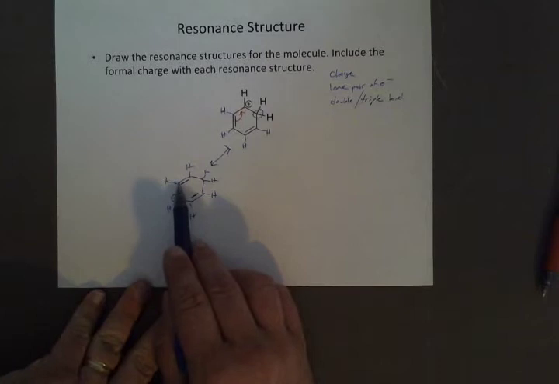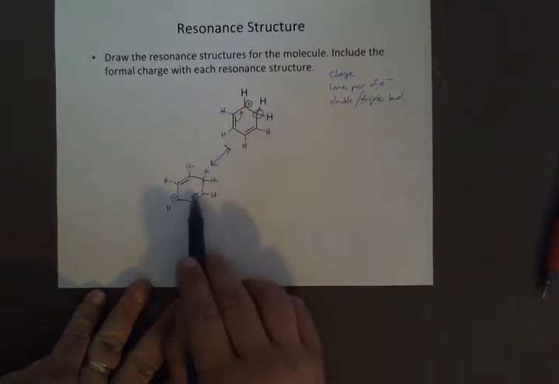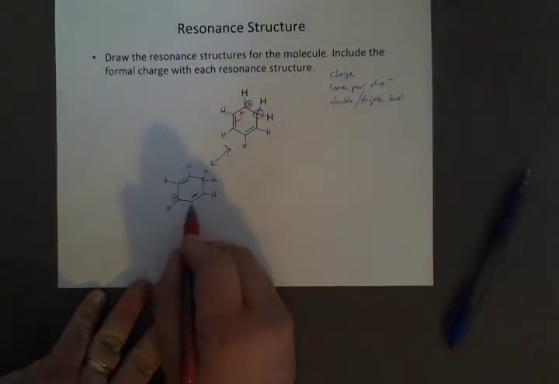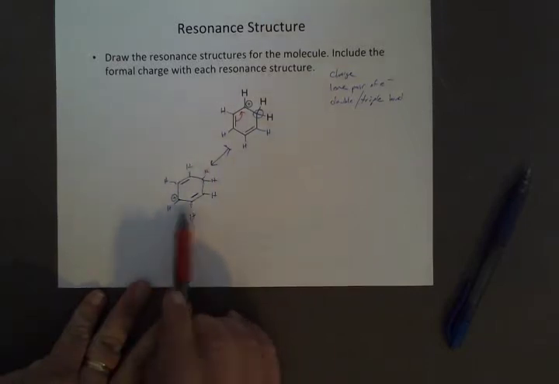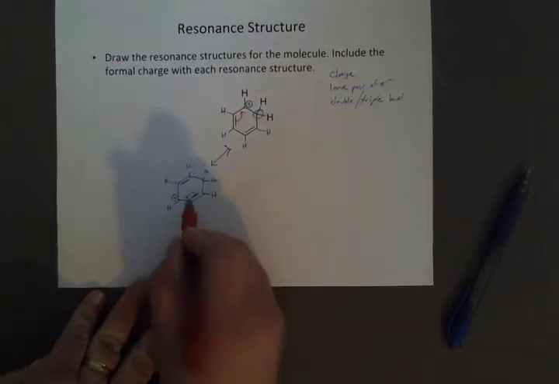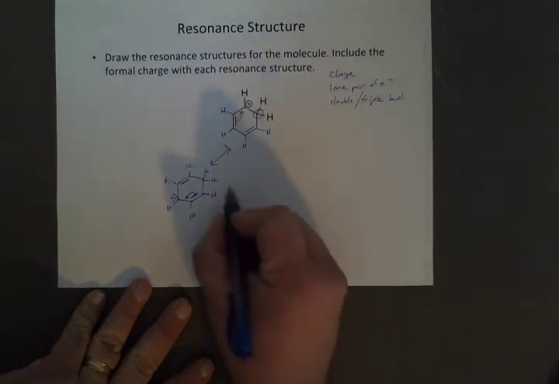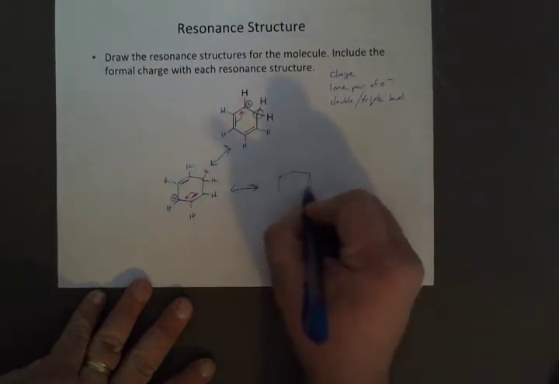So it can go back here and talk to this guy, but it would just go back to this structure. So what it's going to do is talk to this carbon here and have it move those pi electrons over there. So you end up with this structure.